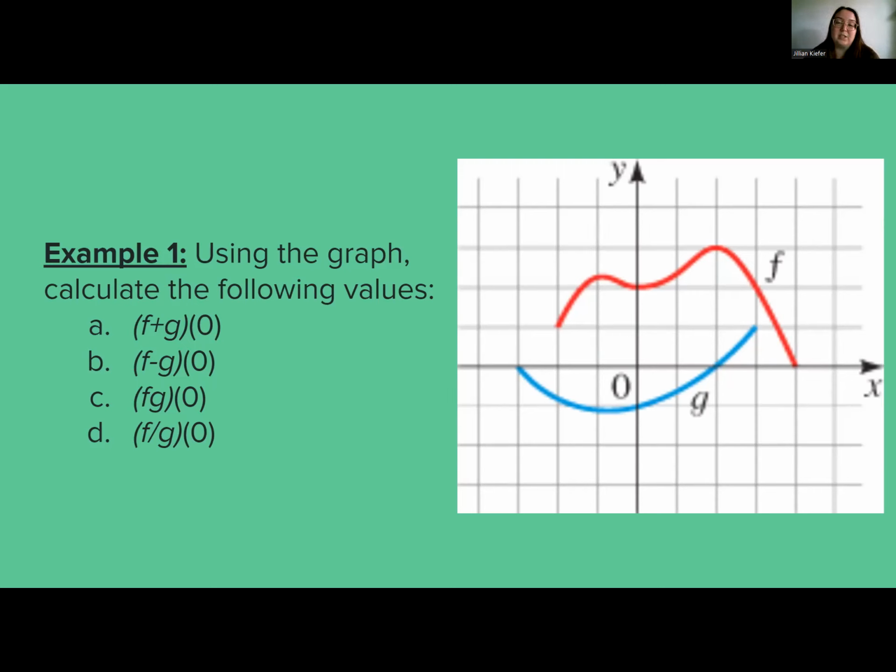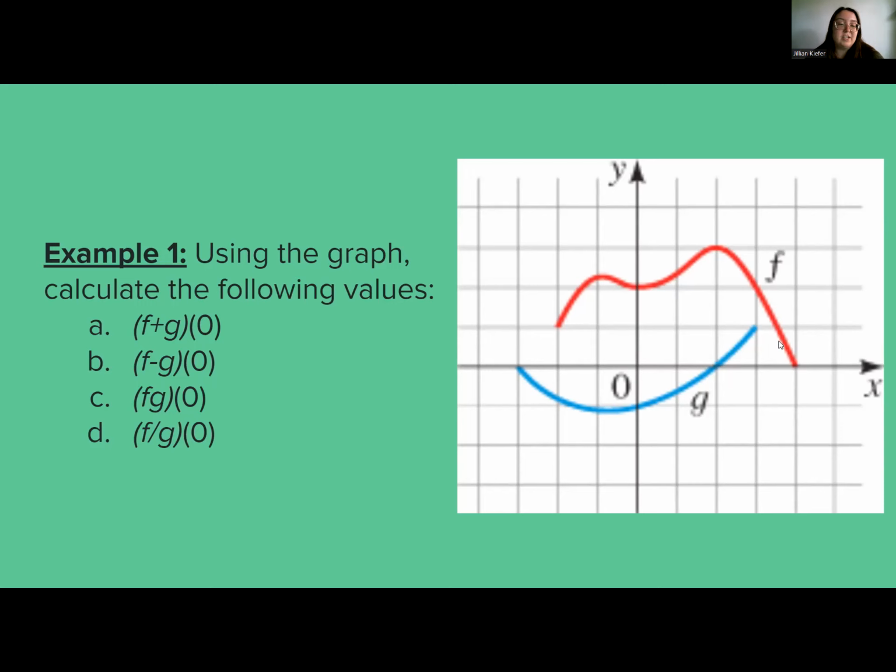And so all we need to do in order to actually find these values is look to our graph. So we're going to verify what our actual values are before we go over to our notes. So we look at our functions here. We have our red function f and blue is g. So we see that they have y values for different x values.